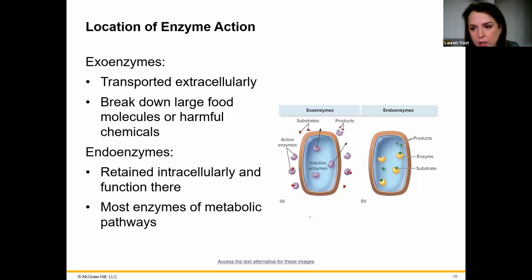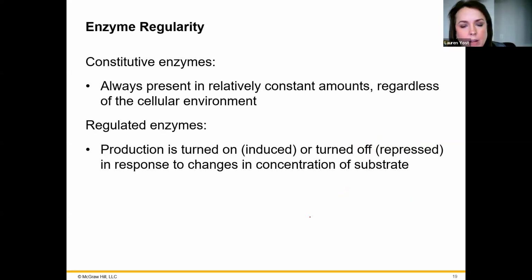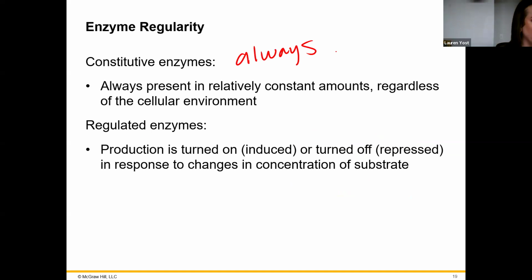So endoenzymes. We can regulate enzymes. They can be constitutive, which means always on. They're just always around, same amount, regularly. It's always there. Not more, not less. Then we have the regulated enzymes. These can be turned on or off.